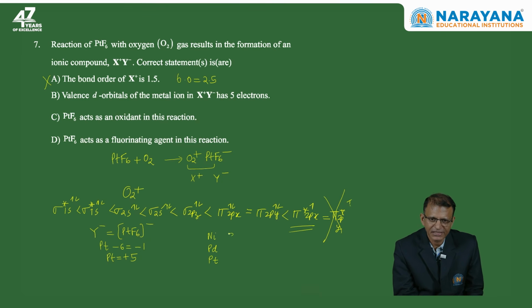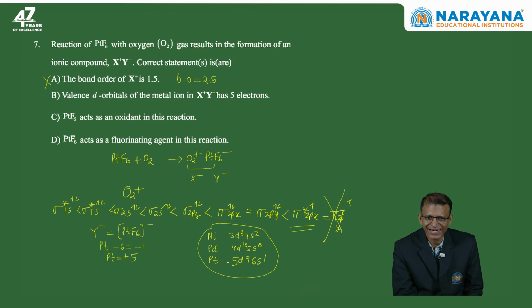If I write the electronic configuration of nickel, that is 3d8 4s2, while in case of palladium it is expected that 4d8 5s2, but these two electrons move from 5s to 4d, so it is 4d10 5s0, and in case of platinum it will be 5d9 6s1. This is the electronic configuration, so this is also very important here.